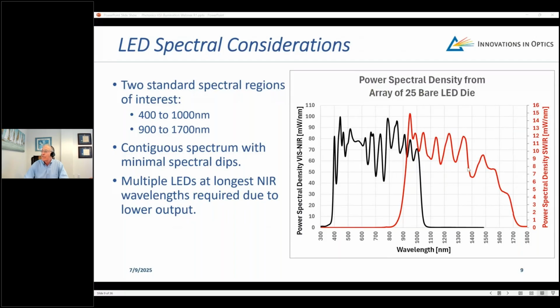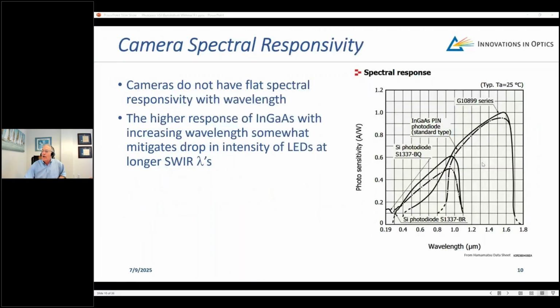The output in the SWIR range of 900 to 1,700 is generally lower, and to get the output over in the longest wavelengths requires multiple LEDs, just because of the lower power, to get the intensity up. But fortunately, that's mitigated somewhat by the responsivity of the detection systems.